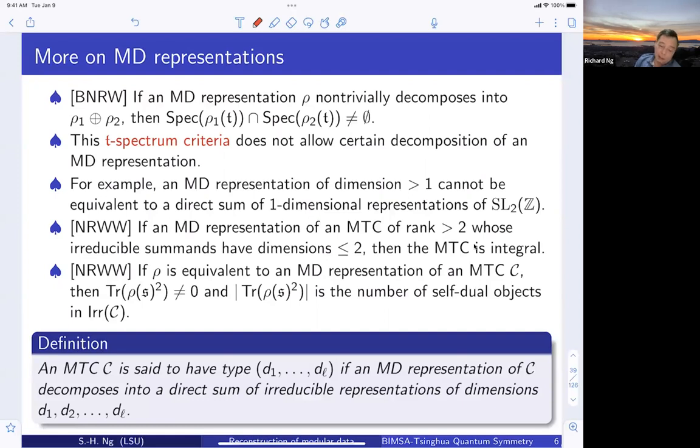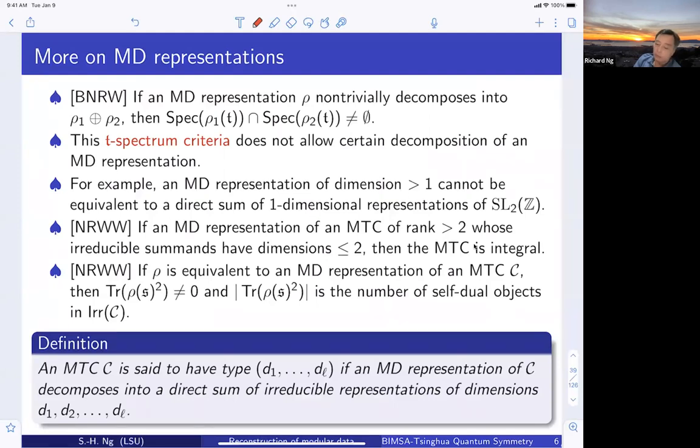Let's say I order them in decreasing order, so the largest irreducible representation shows up first. This is one way of classifying a modular tensor category.